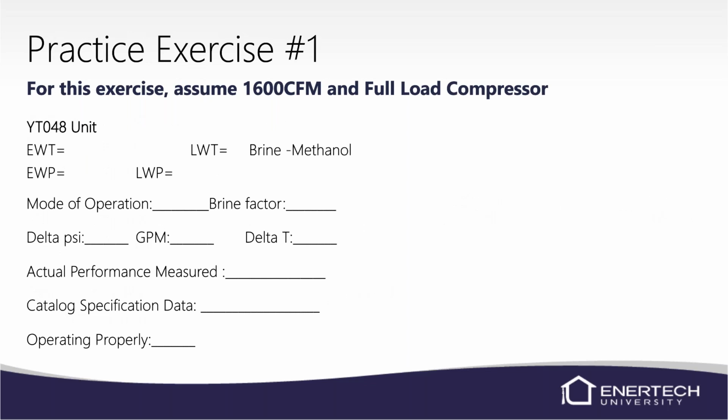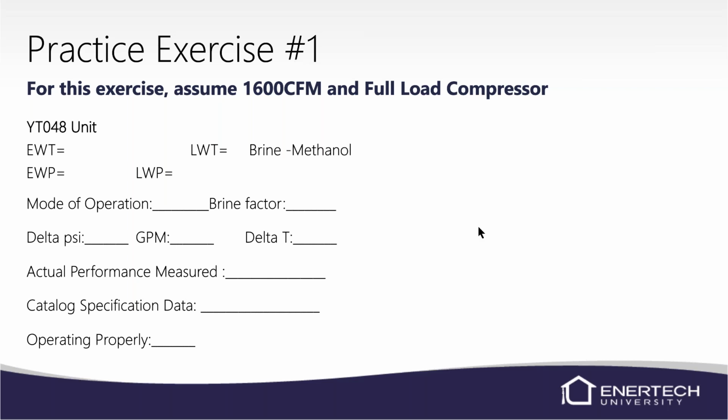So we'll go through a few practice exercises together so you're feeling a little more comfortable with the heat of extraction, because that's the diagram we showed earlier with the 30,000 BTUs coming out of the loop field. This calculation is figuring out what we're either pulling out of the loop field or putting into it.